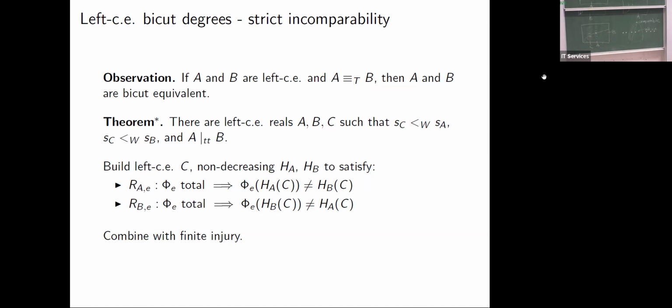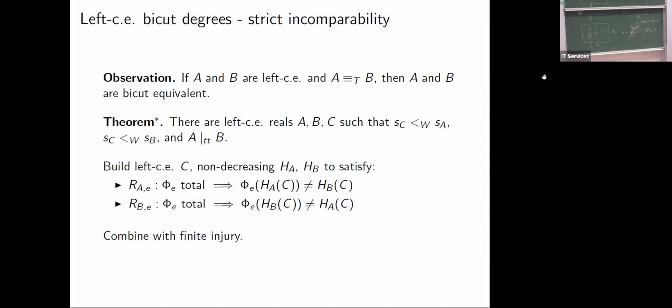There are Left-c.e. reals A, B, and C in such a region that make a shape like a V. The step function at C is going to be reducible to the step function at A and also reducible to the step function at B. But we'll make sure that A and B have incomparable Turing degree, so that A and B are incomparable. That means both of these inequalities have to be strict, because if they were equivalent, then we would have a Turing comparability between A and B.